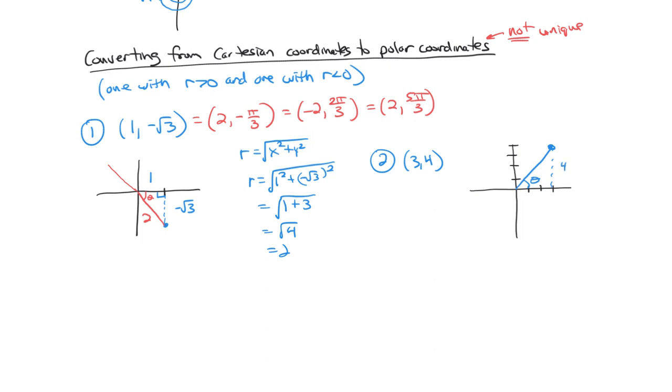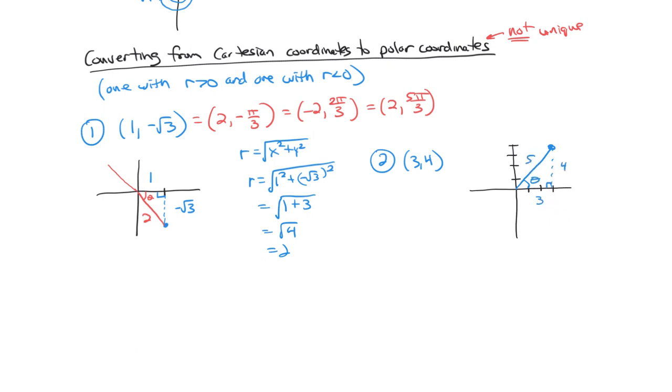Well, this is 4 and this is 3. So we've got a right triangle. Some of you will know what this is without really doing any math at all, because you've seen this before. This is a right triangle, and this is a Pythagorean triple, right? It's a 3, 4, 5 right triangle.